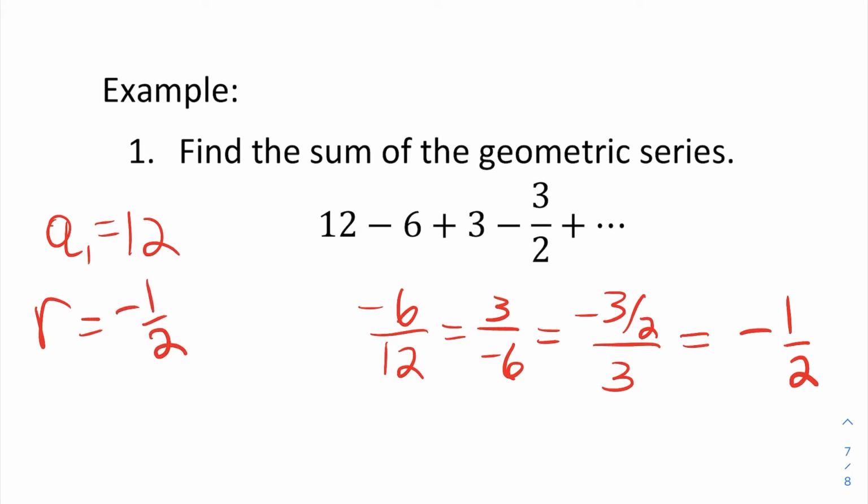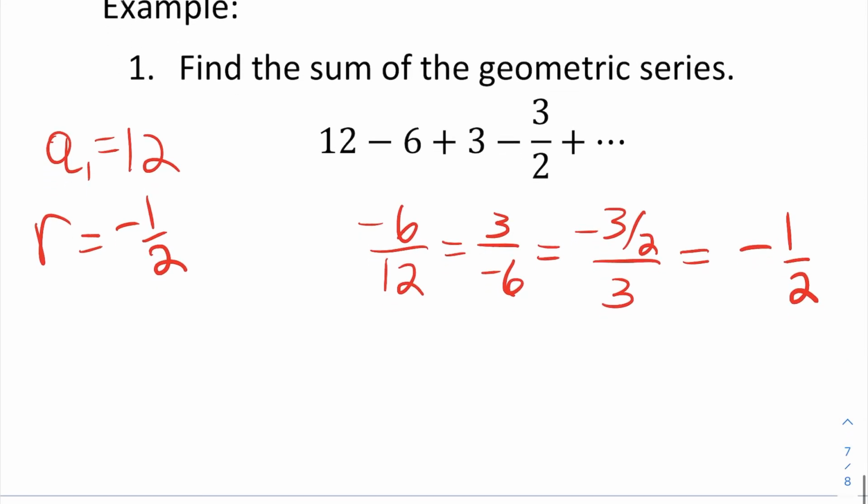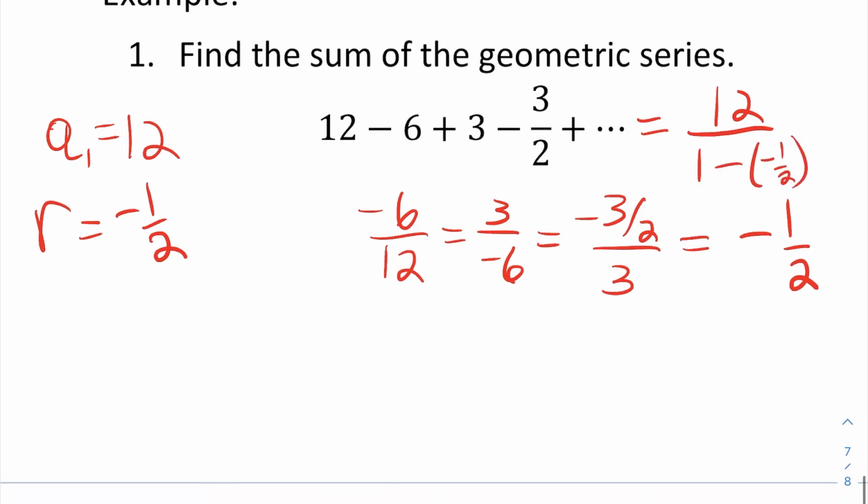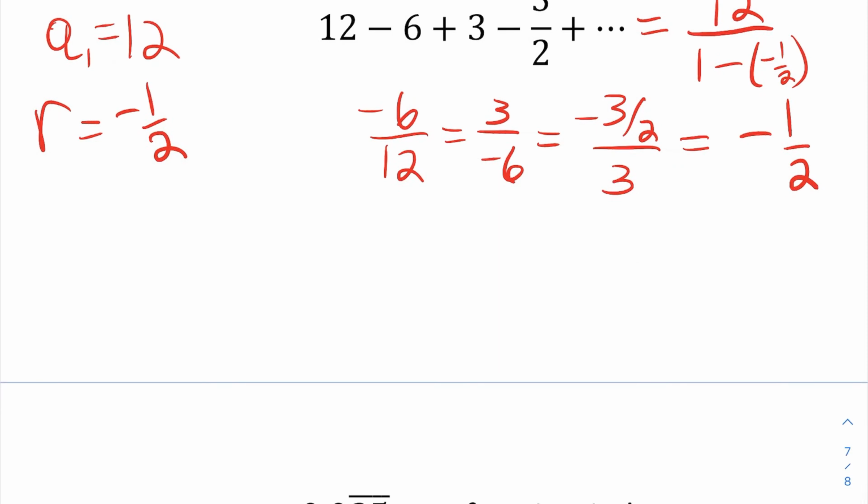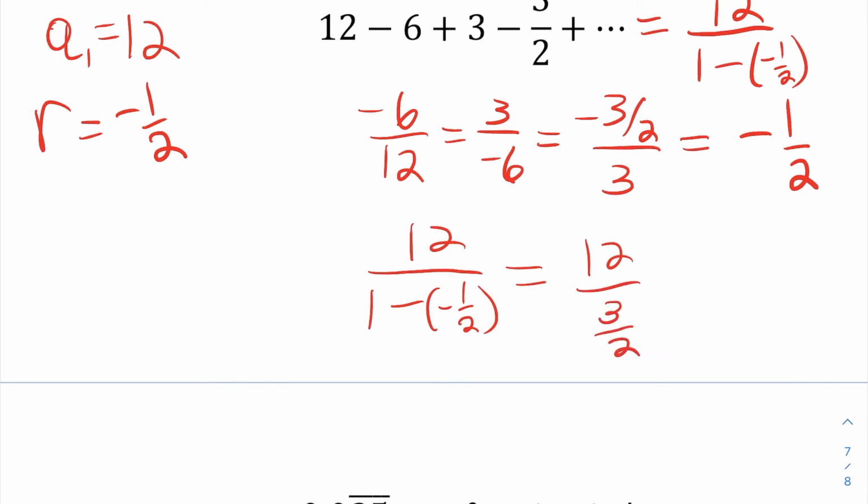So negative 1 half is the common ratio. The formula says that this infinite sum, the sum of this geometric sequence, is going to be equal to a1, which is 12, over 1 minus r, which is 1 minus negative 1 half. So 12 over 1 minus negative 1 half is 12 over 3 halves, and 12 over 1 you multiply by 2 over 3 and we get 8.